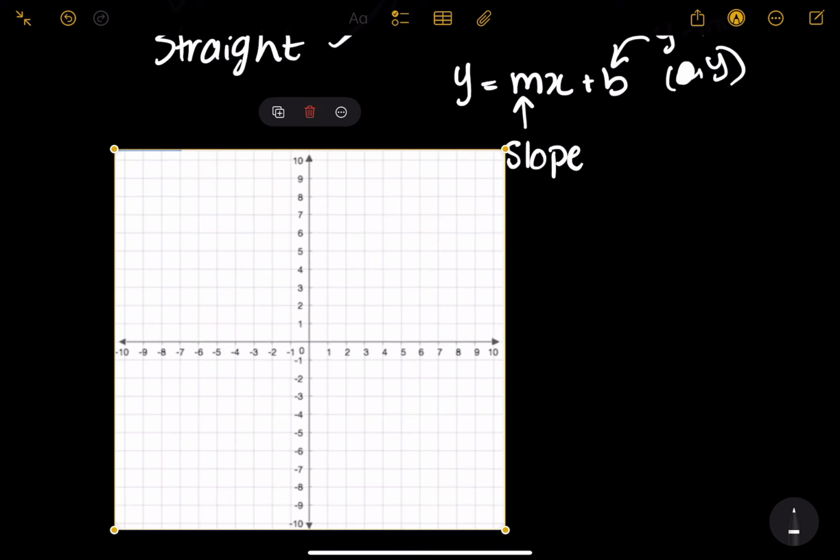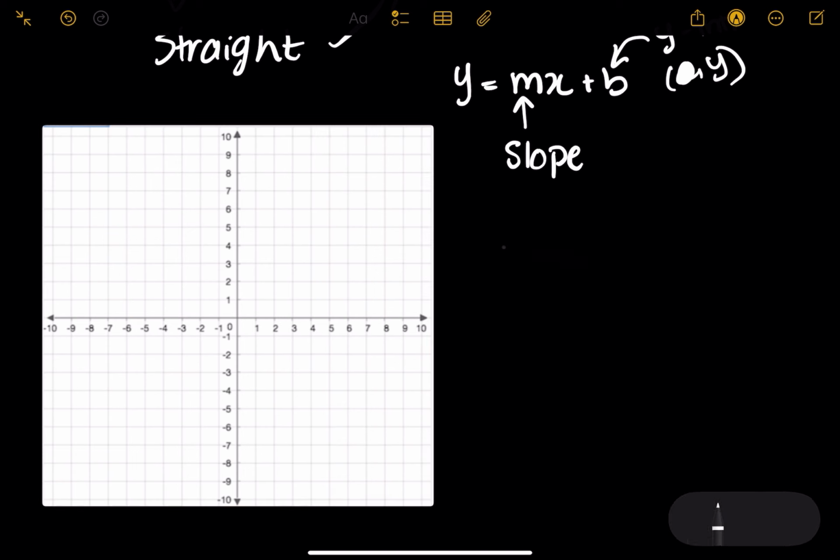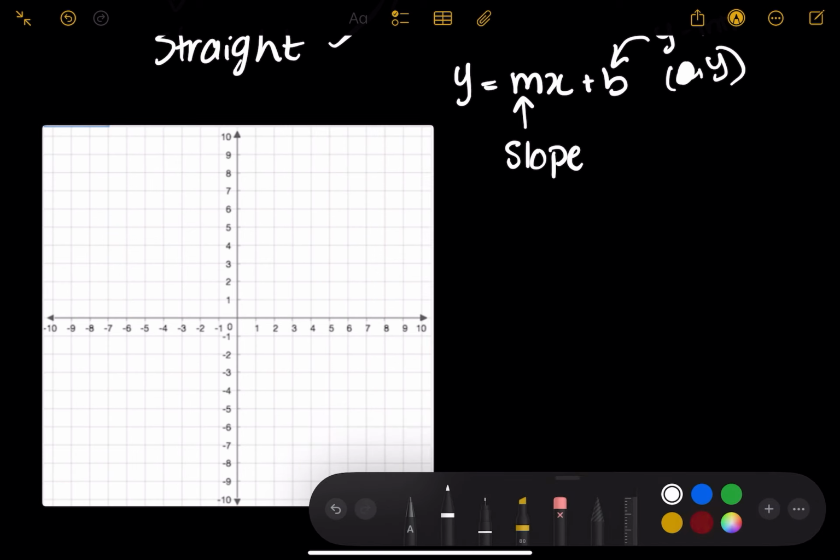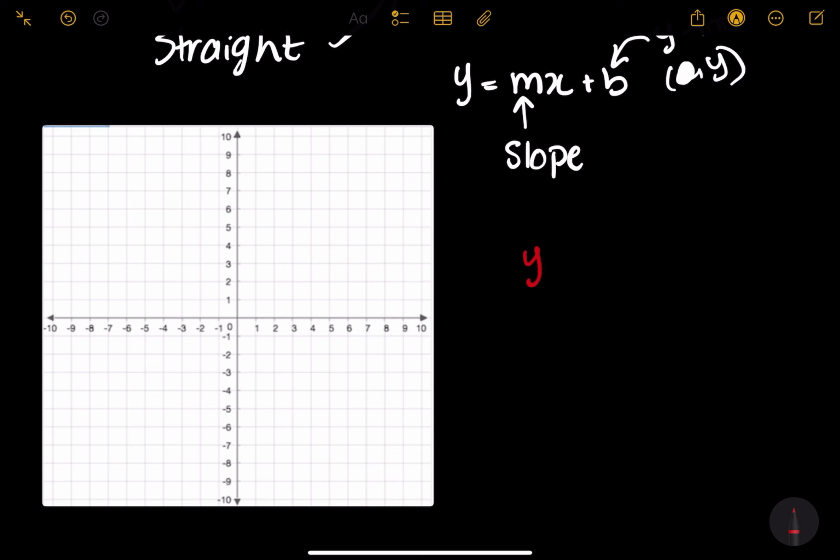So let's graph the equation y, let's do it in a different color. y is equal to 2x plus 1. So what we're going to do is we're going to start by graphing the y-intercept. What's the y-intercept? It's this b. In this case, it's the 1. Okay, so that means x is 0 and y is 1. So let's graph that. It's 0 here and then 1.